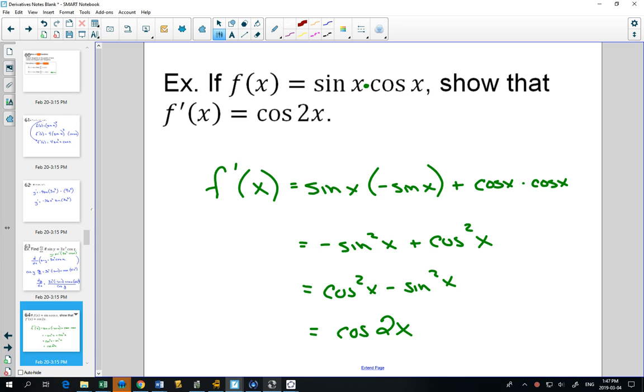And so using my identity, that becomes cos 2x. So hopefully you mostly memorized your identities last year so that you can see them and go, hey, wait a minute, that's one of my identities. And then you can apply it to a question like this.